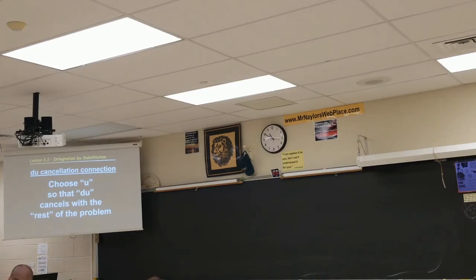Okay, the whole idea about u is more of a realizing something about du. And what you're going to realize is that du, which is the derivative, cancels with the rest of the problem. So I think this is a good problem to, if you will, prove my point.